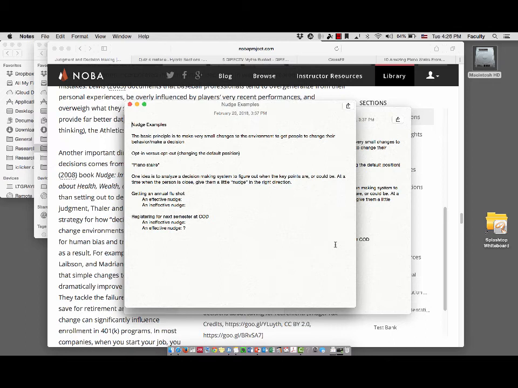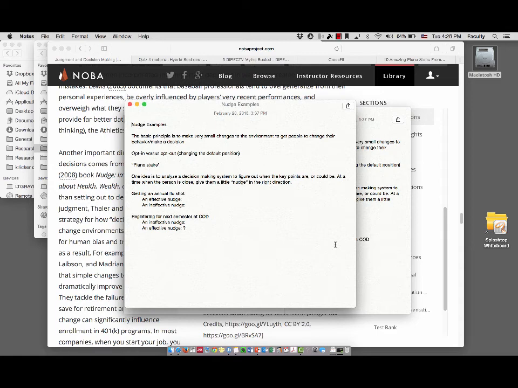People will have a tendency to just stick to what the default is, okay? So if you want people to save for their 401k, their retirement account, make that the default. All right, and so you actually have to choose to get out of it.